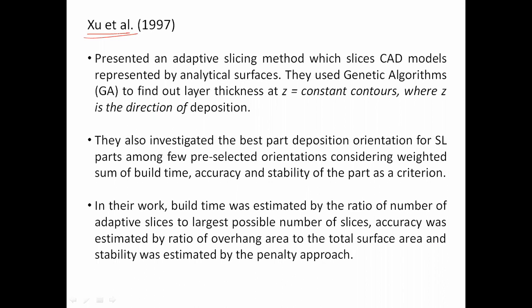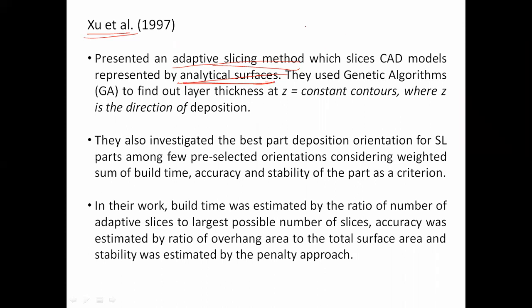Even Alexander's work is largely based on uniform slicing. Zhu actually did a lot of work from 1997 to 2002, and his work was basically based on adaptive slicing method and a CAD model which is represented by an analytical surface. So what is an analytical surface?